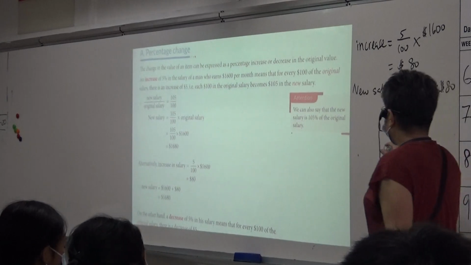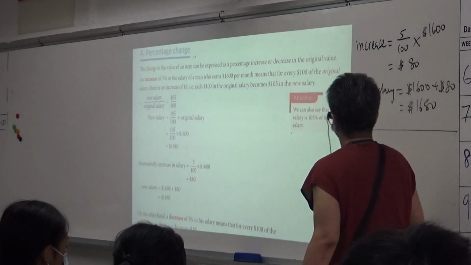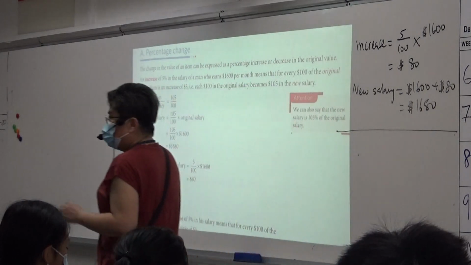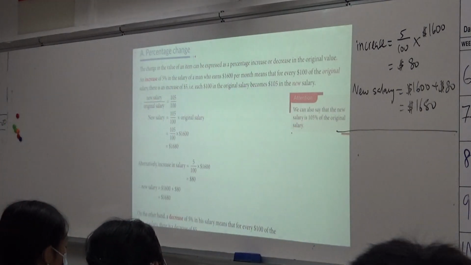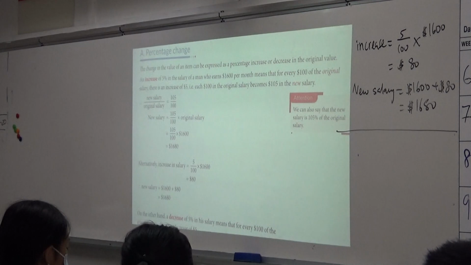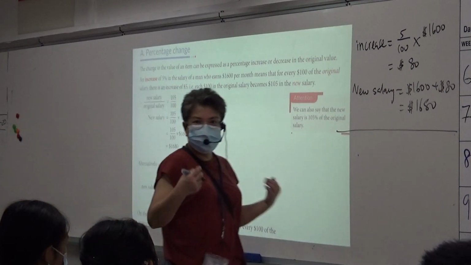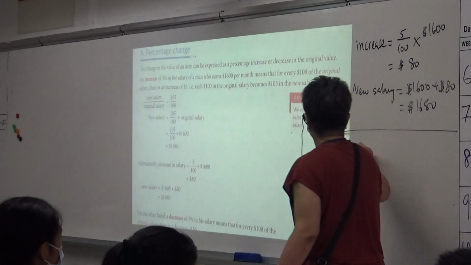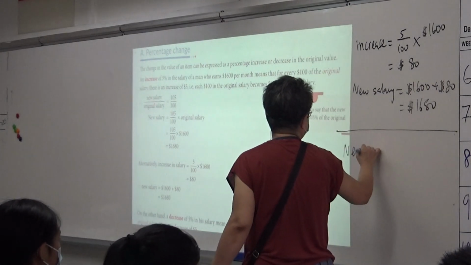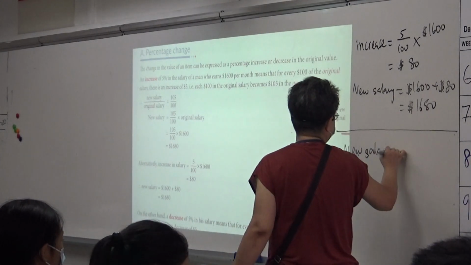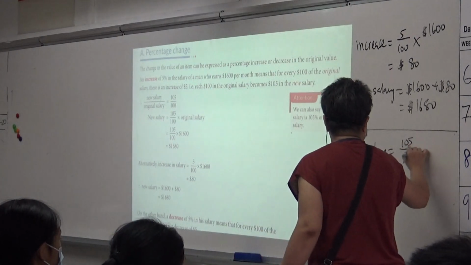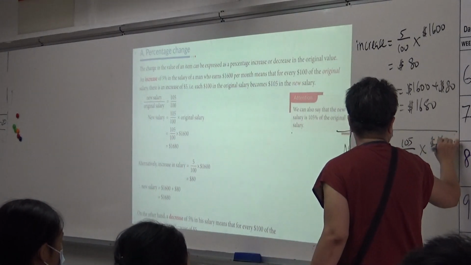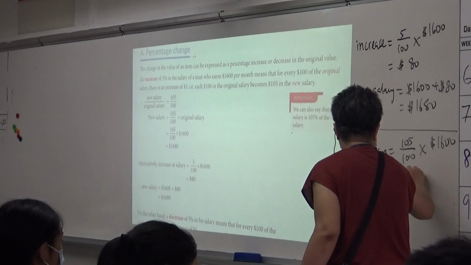Okay? Now, of course, there is another method. Original is always how many percent? 100%. So, what if I increase by 5%, it will be how many percent? 105. Good. So, I will have new salary is 105% times 1600.